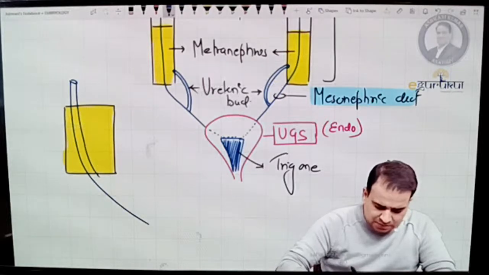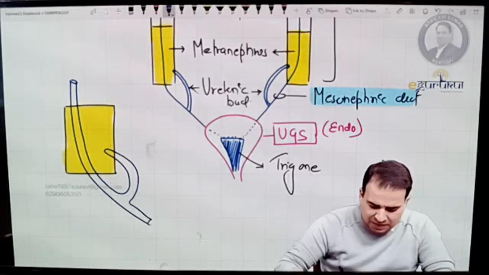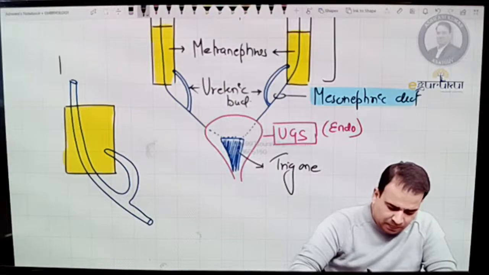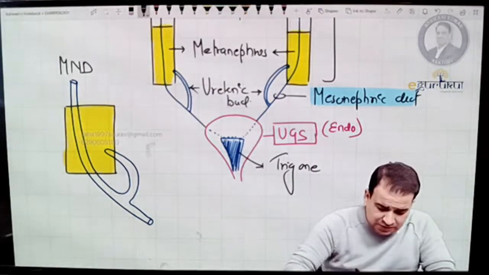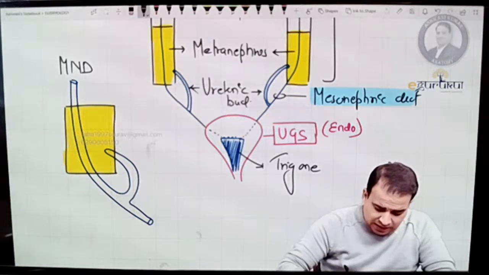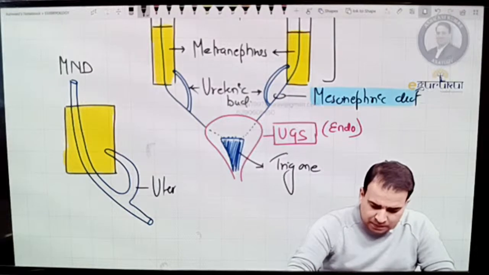And we just said that the mesonephric duct will give rise to this bud called a ureteric bud, which goes back and invades the metanephros. This is the mesonephric duct. This obviously is a metanephros, no doubt about that. And this bud here is the ureteric bud.